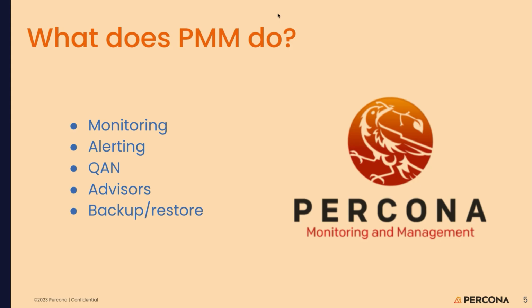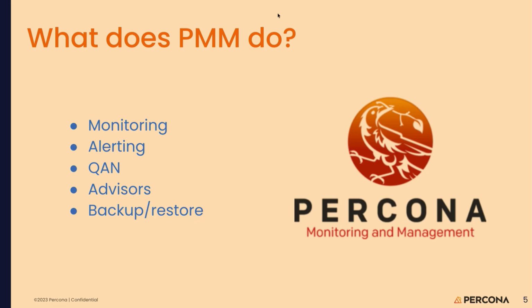Alerting is an automated tool. It notifies us of important events like a production restart or replication lag. QAN is a specialized tool. It analyzes how our queries are performing over time, and it has n number of filters that allow us to filter exactly which query is causing slowness.